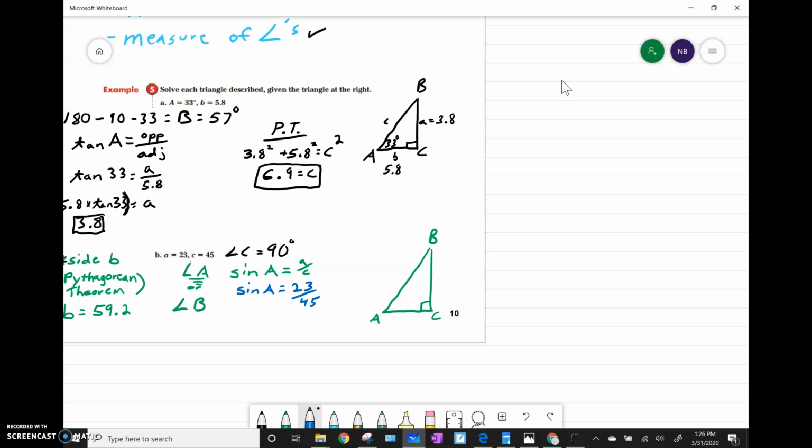When we get A by itself, we know what angle A is. So if we move sine to the other side, it becomes the inverse. So A equals the inverse of sine times 23 over 45. So this box right here is what's going to go in your calculator.